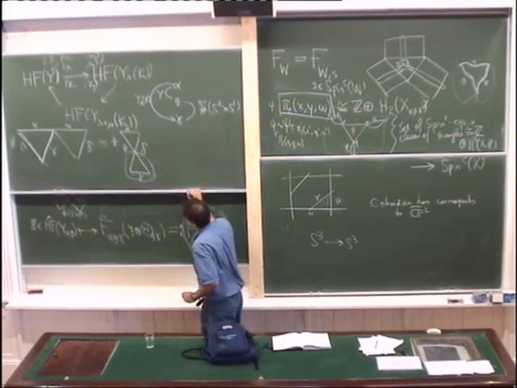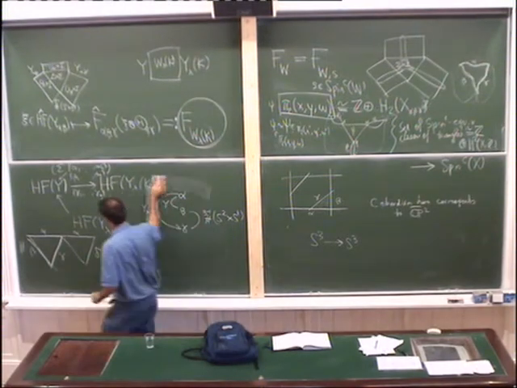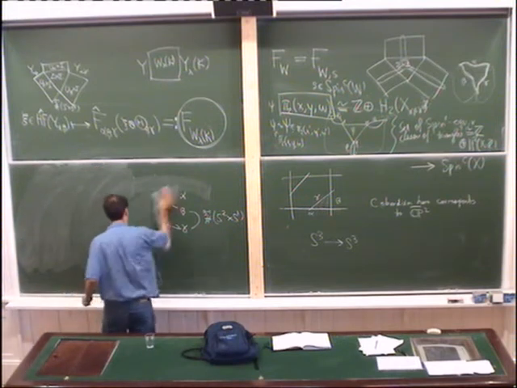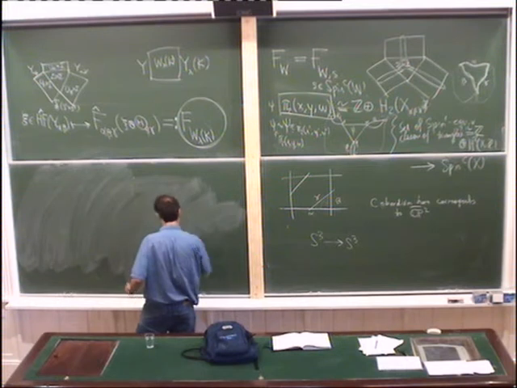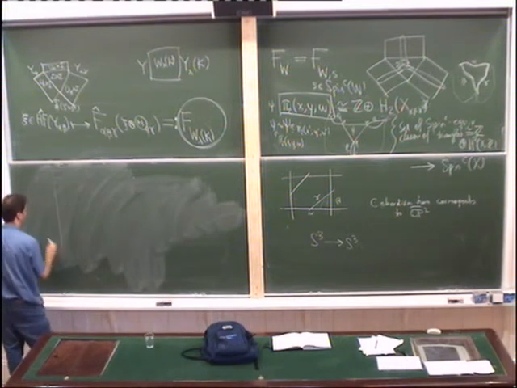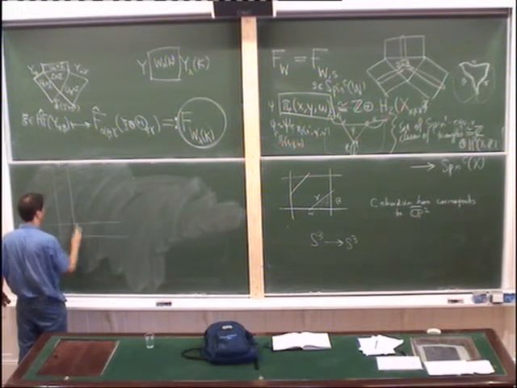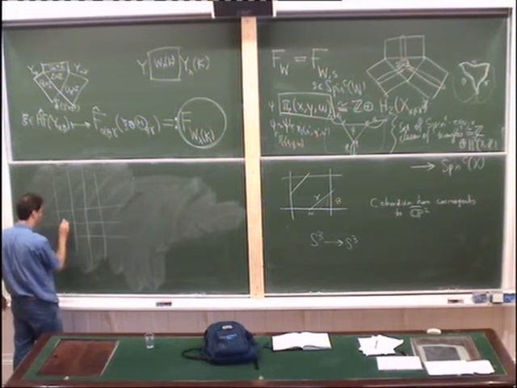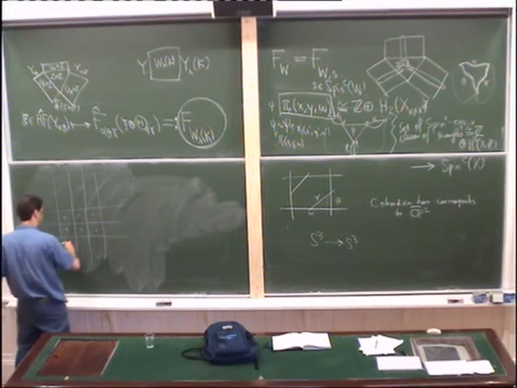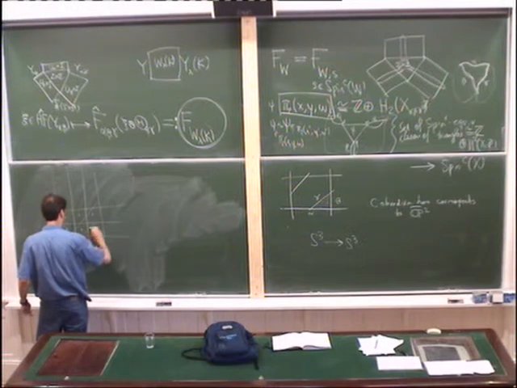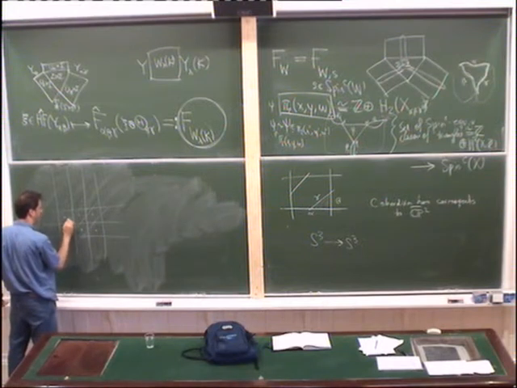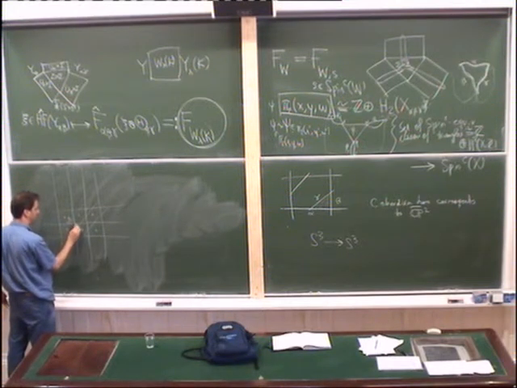Let me state now this example that we were looking at, CP2 bar. There's this small triangle C1, and there's also a small triangle C2.